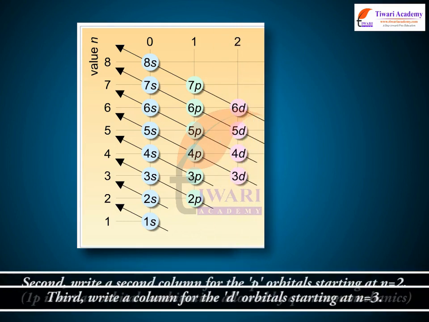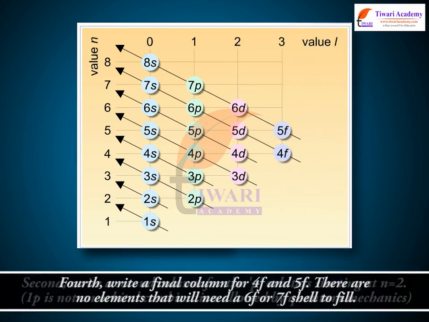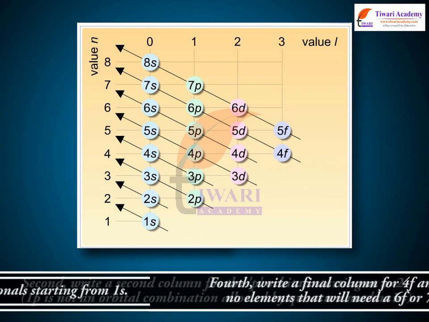Third, write a column for the d orbitals starting at n equal to 3. Fourth, write a final column for 4f and 5f. There are no elements that will need a 6f or 7f shell to fill.